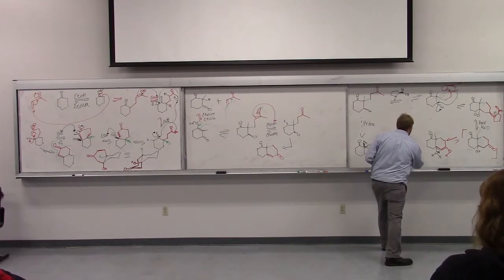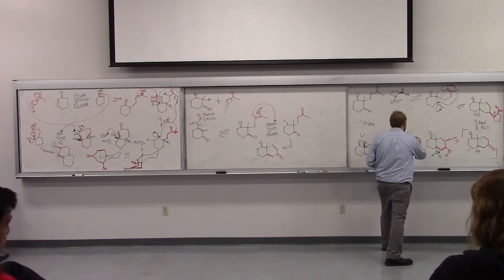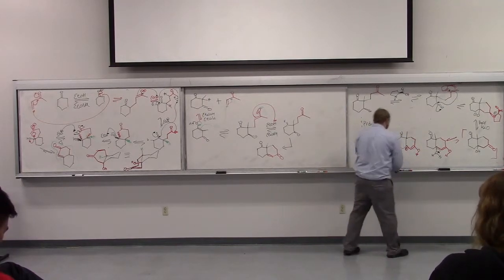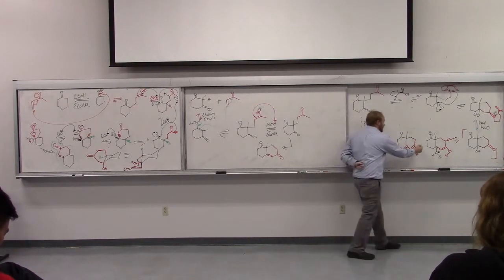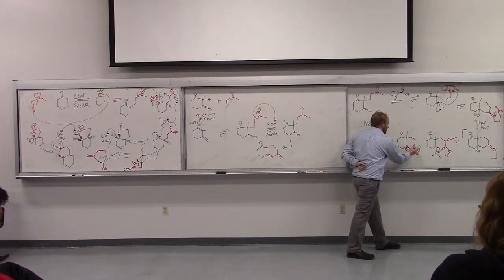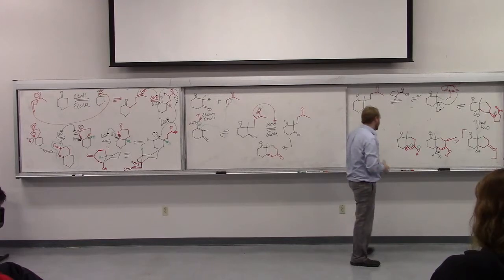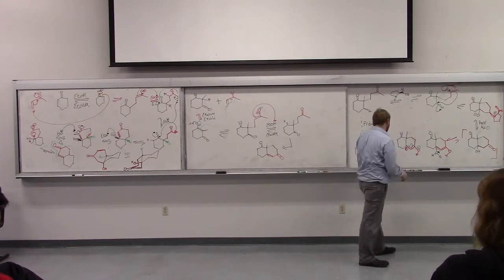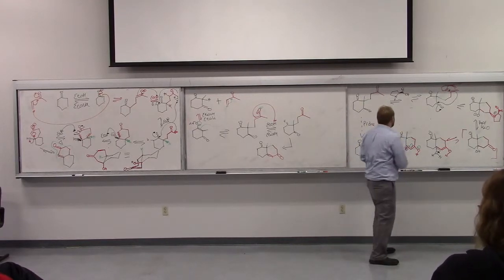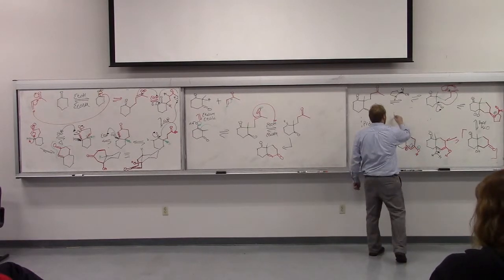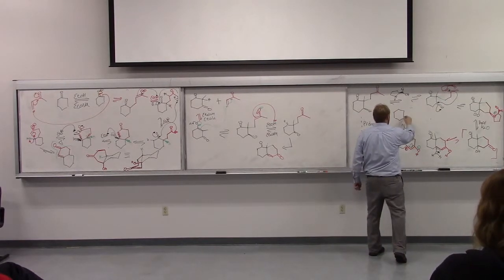Giving us a carbocation that's adjacent to an enol. Again, this is just the acid catalyzed aldol dehydration mechanism. But when it's said and done, that gives us the final product of the Robinson annulation.